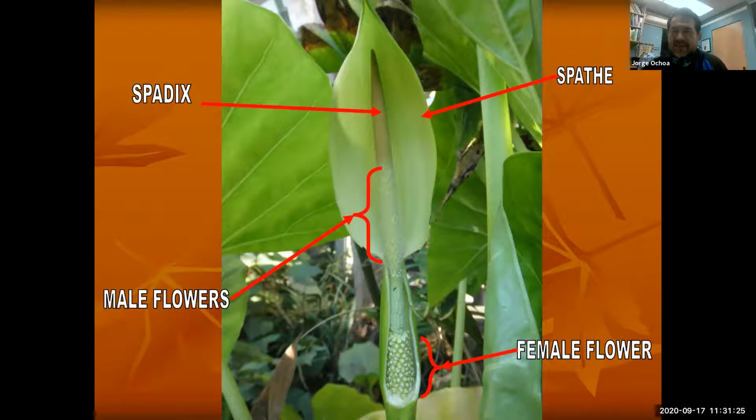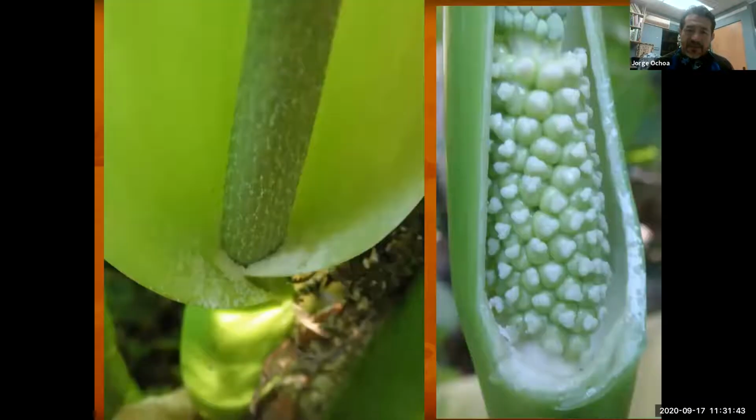So that is why some flowers opt for separating the flowers and making them receptive or shedding the pollen during different times, so that it puts a little bit of time in between the flowers and avoids the selfing.